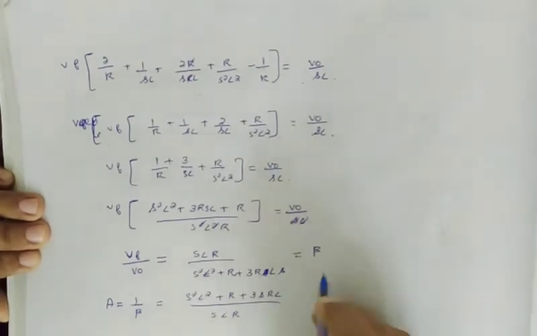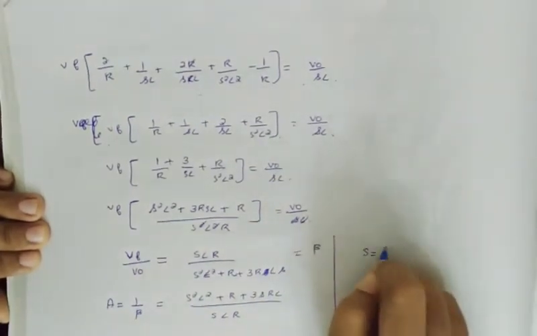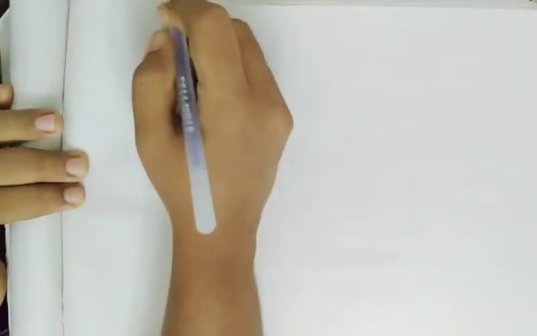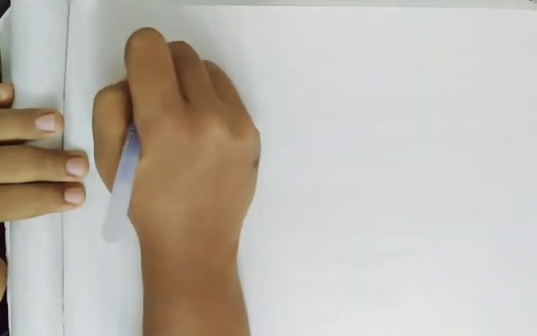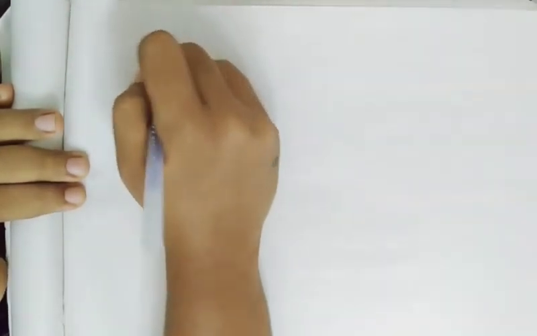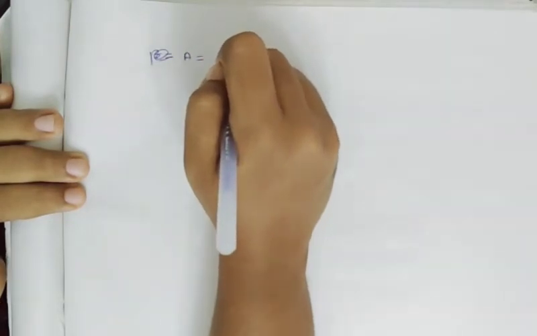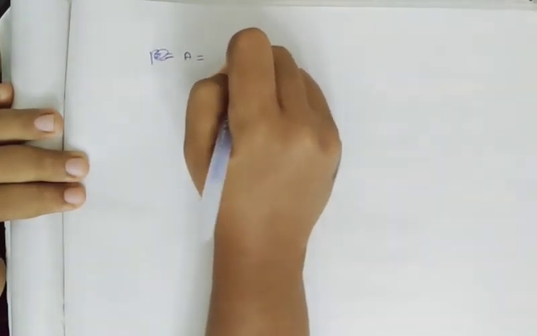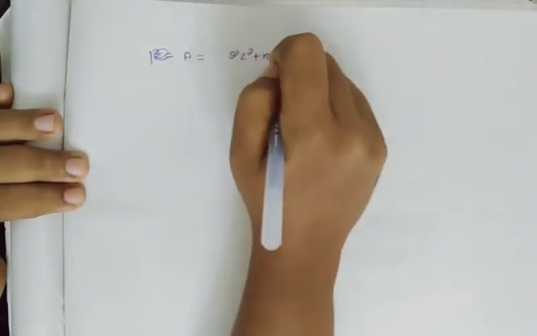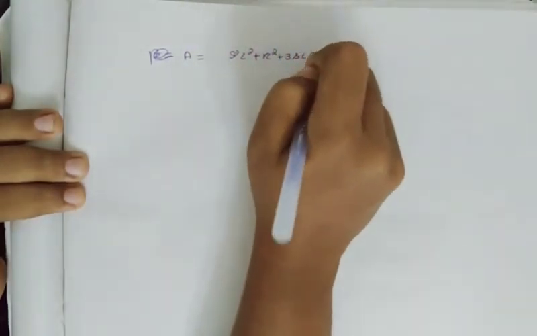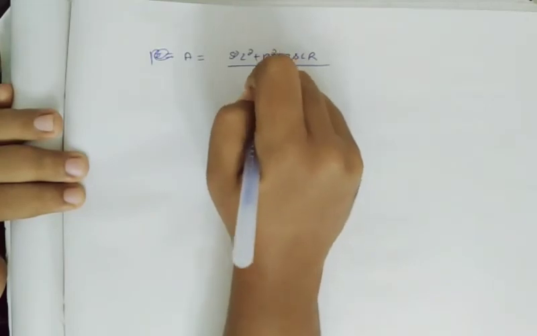And I'm going to write, instead of S, J omega and see what happens. So our alpha is equal to S square L square plus R plus 3SLR whole divided by SLR.